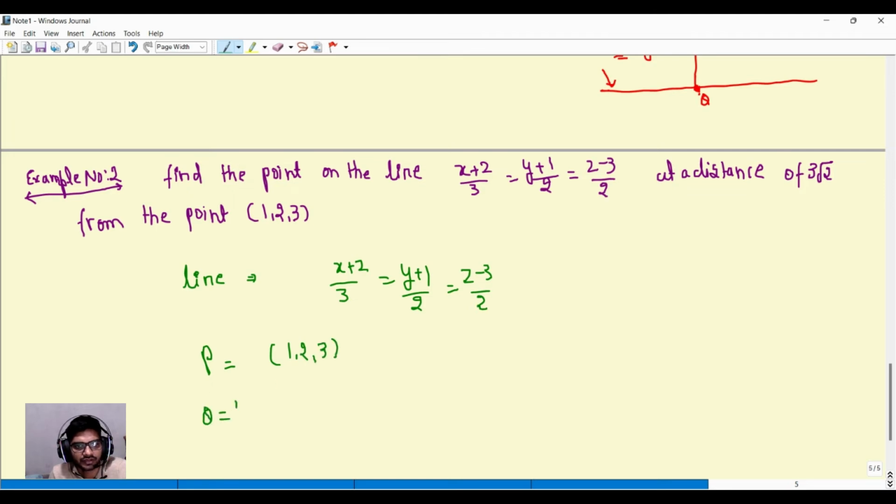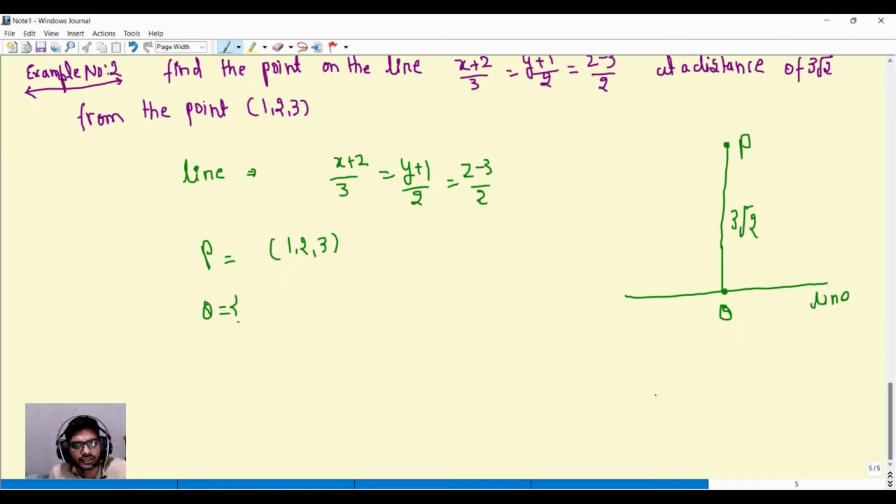We are going to find the coordinates of Q. How do we draw the diagram? This is the line, and this is the point P, from where we draw a line of distance 3 root 2. Then we are going to find the point Q on the line. So how do we do that?